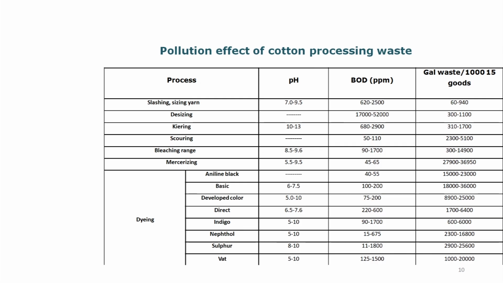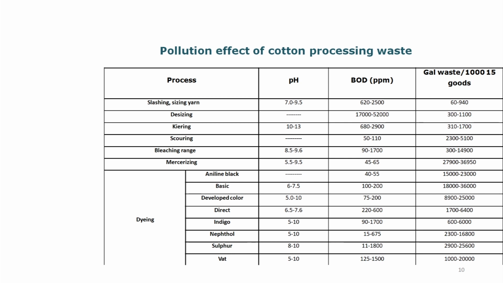But if we use direct dyes or even indigo dye, the waste is minimal, which is of the order of 600 to 6,000 or 1700 to 6400. So, you just see that different processes keep on adding to the waste that is generated, and the pH also keeps fluctuating, and so does the BOD.